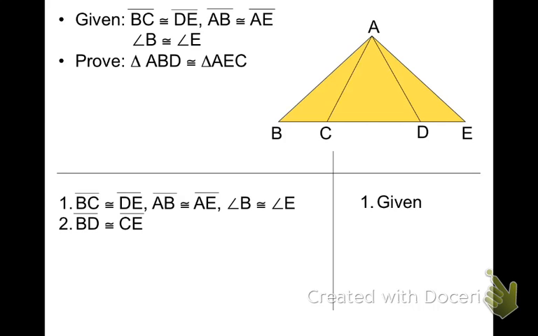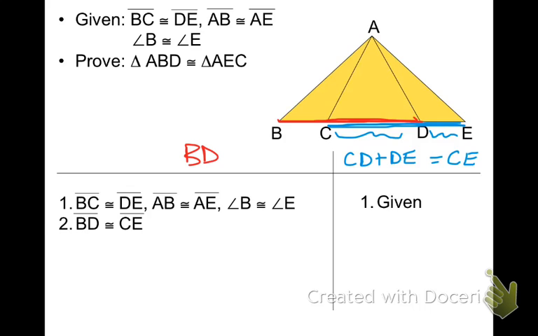Why is segment BD congruent to segment CE, which is right here? Why are those two segments congruent? Well, think of segment CE as, actually I'll write it like this. Segment CE is actually CD plus DE, isn't it? It's this part, CD plus DE. Well, likewise, segment BD is actually BC plus CD.